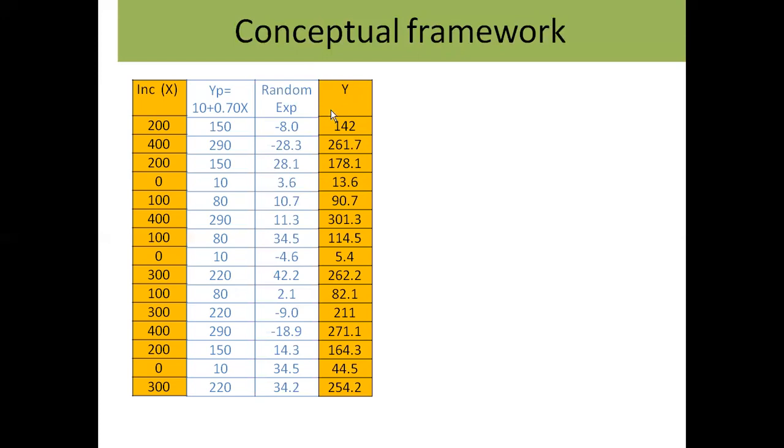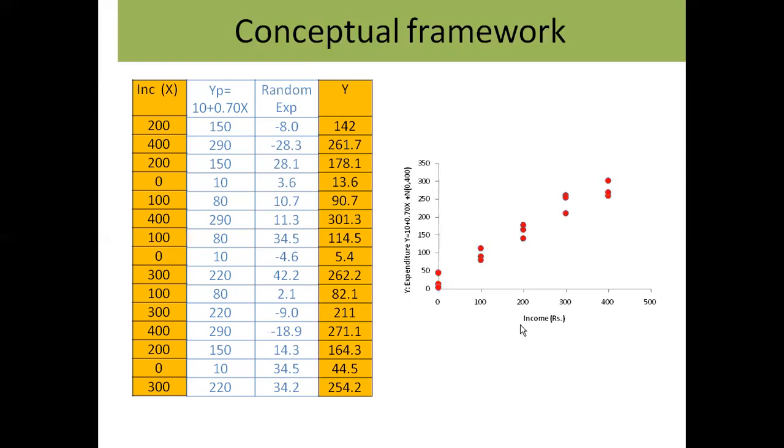Now if we draw a scatter diagram of x, the independent income, and y, the dependent expenditure, let us see how it looks. The scatter diagram is like this one, and all our data points are now visible.